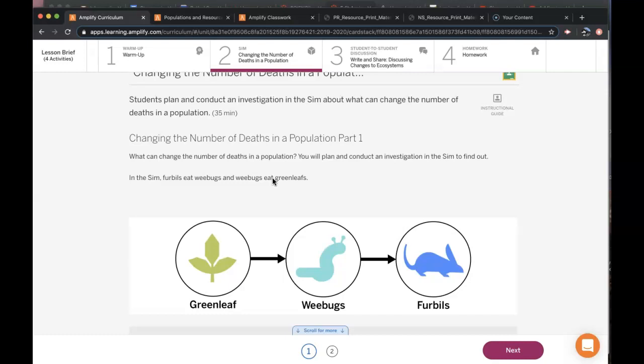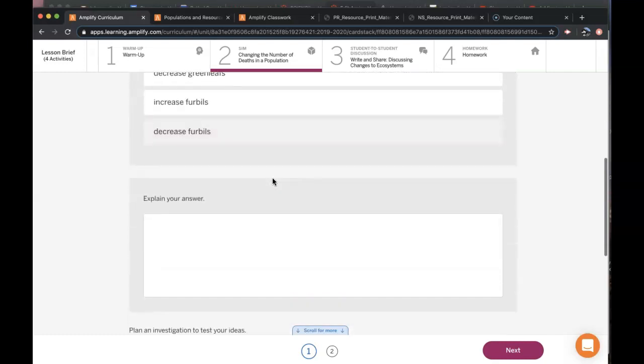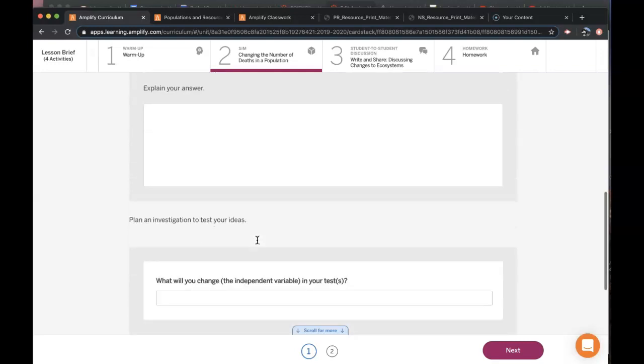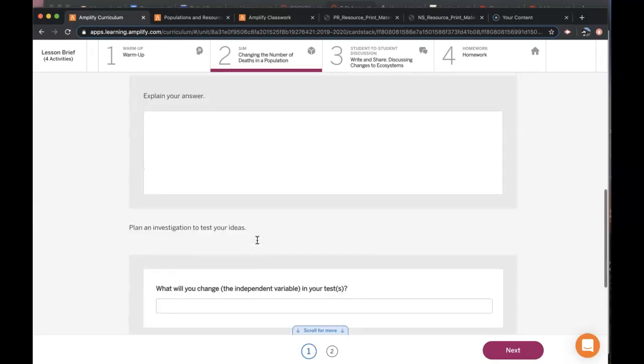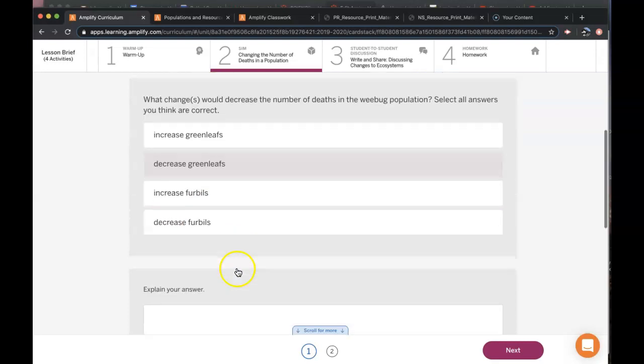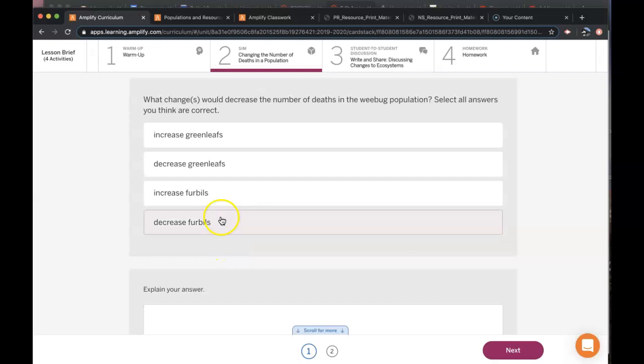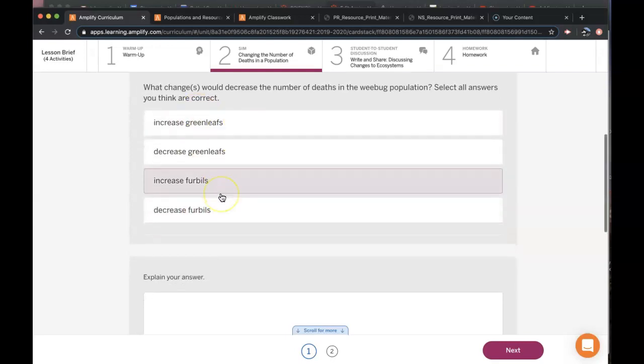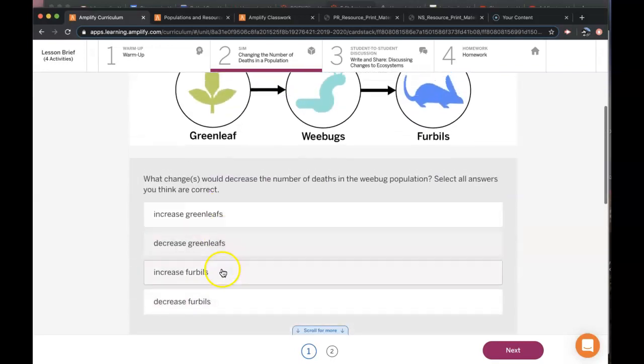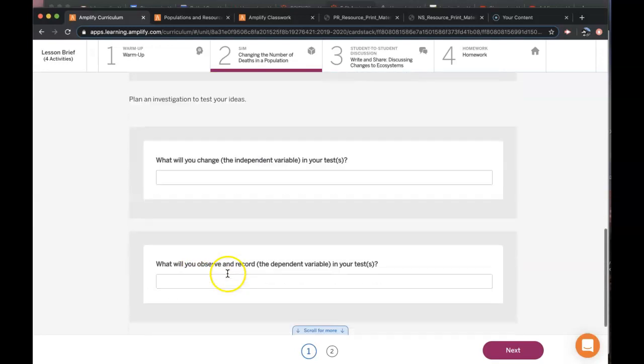You'll make a prediction and explain your answer, and then plan your investigation. The things you select up here are what you'll change in your investigation, and you'll write them down here.